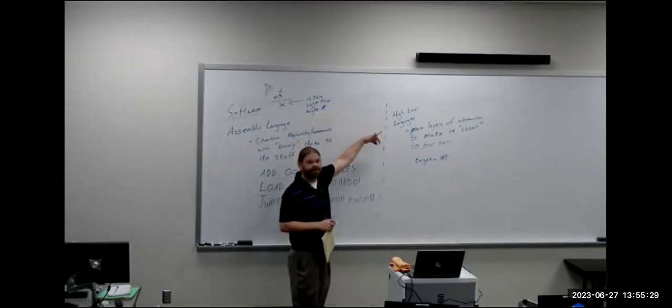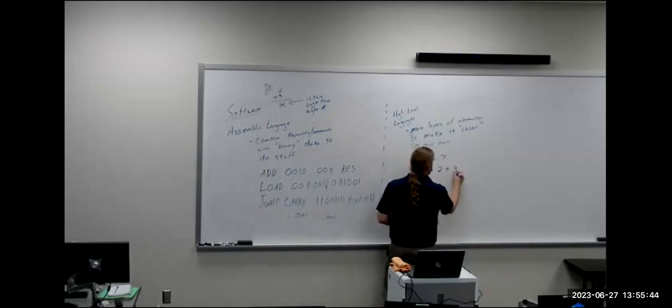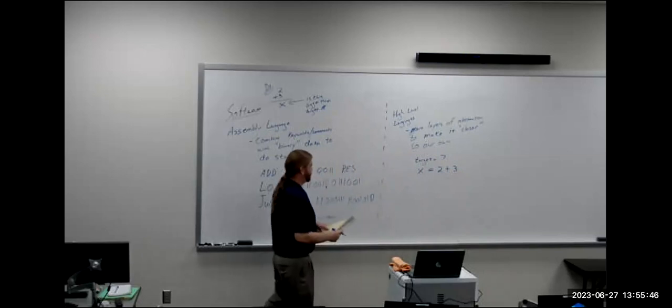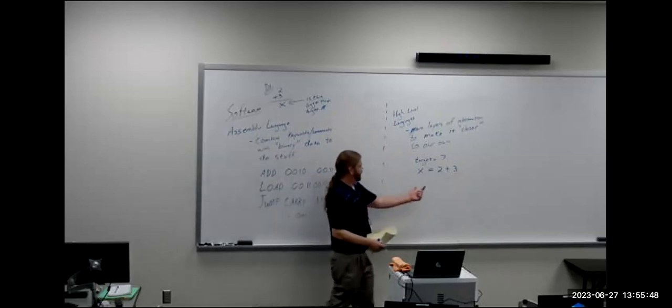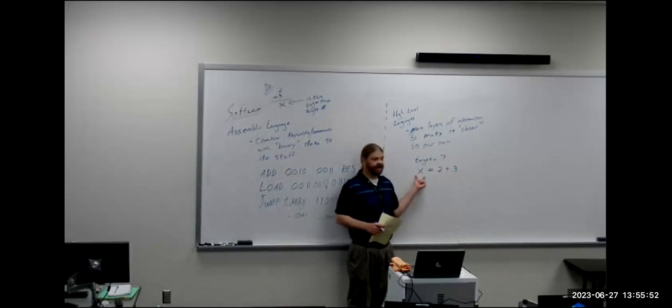When I was writing numbers down, I just wrote a 7 there, so maybe I could put that. Then we'd say X equals 2 plus 3. So we're gonna do some stuff with it later. We're going to take the result of 2 plus 3 and store it in this value X.